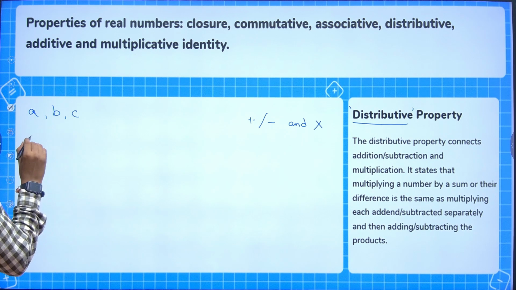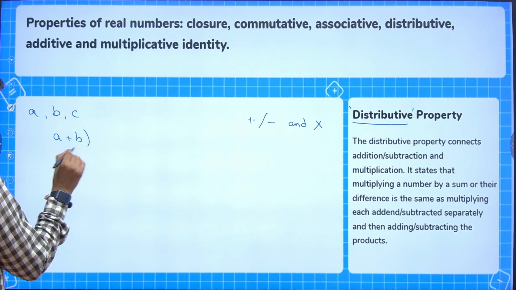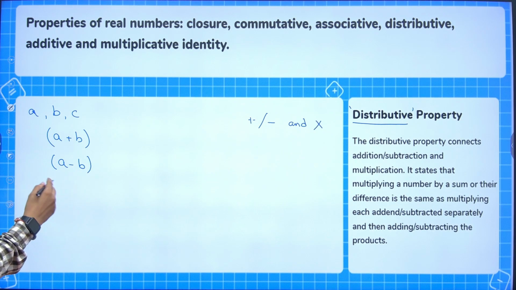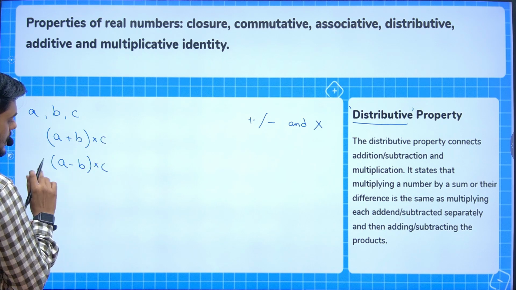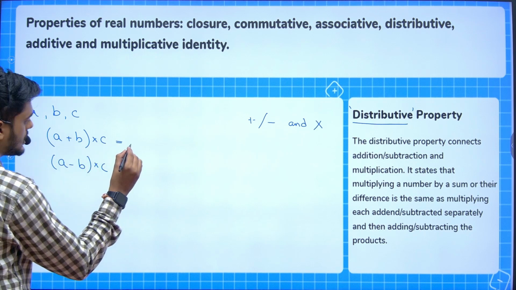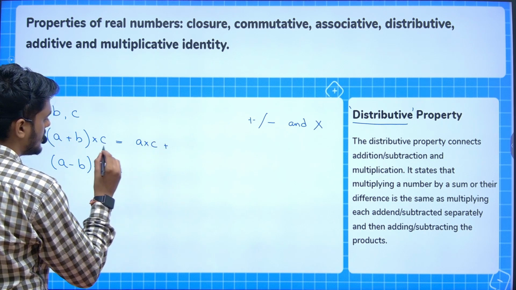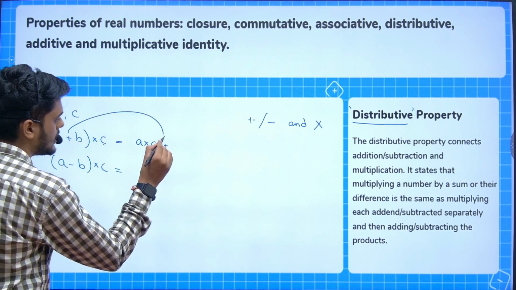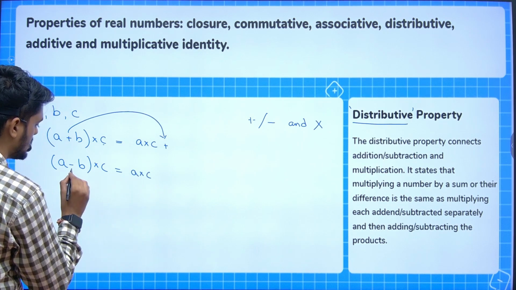Now this property means that if I add or subtract any of these numbers and then multiply the result by c, it is going to give me the same result as if I had multiplied these quantities first and then applied the particular operation.